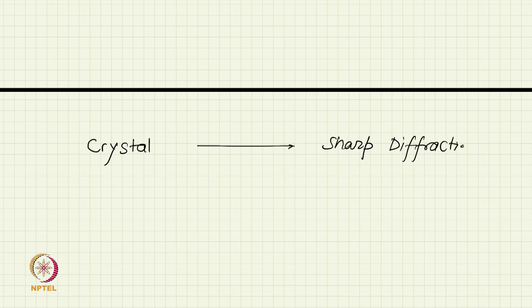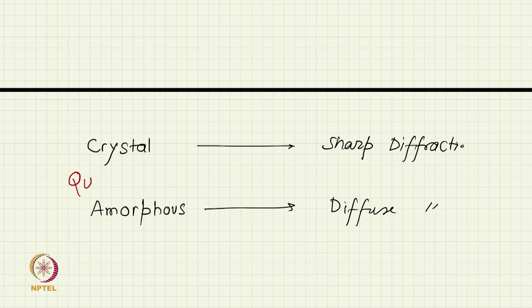So, crystal gives you sharp diffraction pattern, amorphous gives you diffuse diffraction, but now between crystal and amorphous came quasi-crystal, which also can give you sharp diffraction pattern. And why quasi? Because they are not periodic.